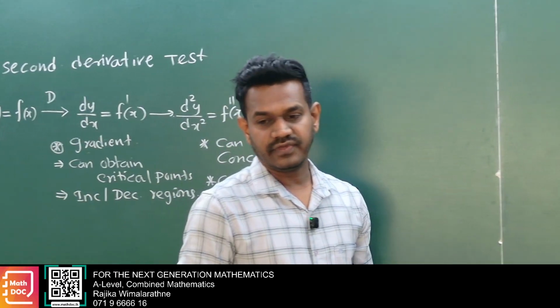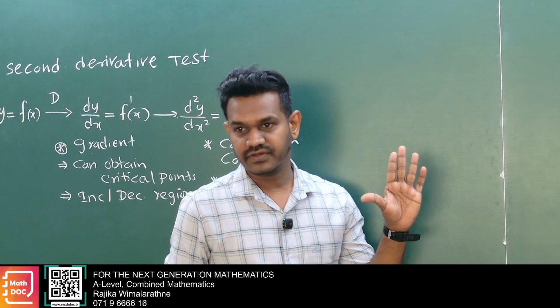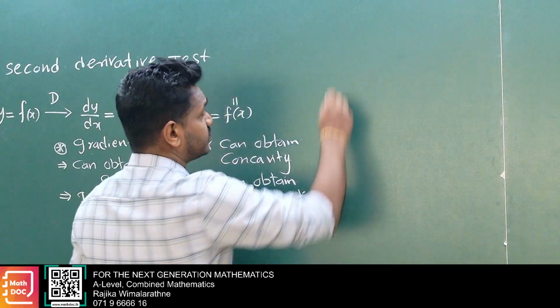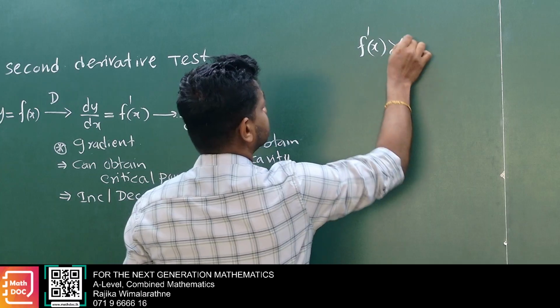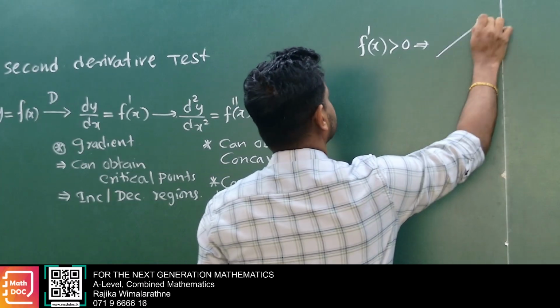We know when we differentiate the function, we get the gradient. When f dash x is greater than 0, it is increasing.